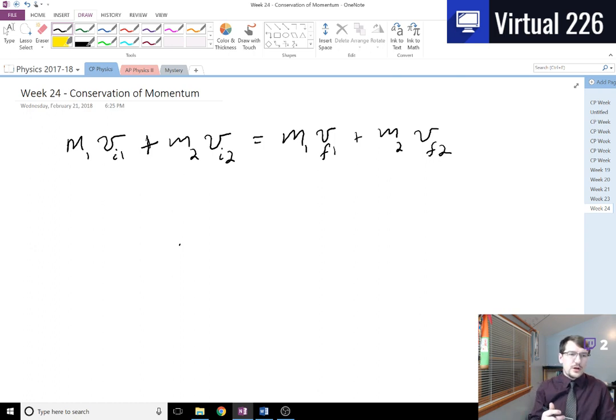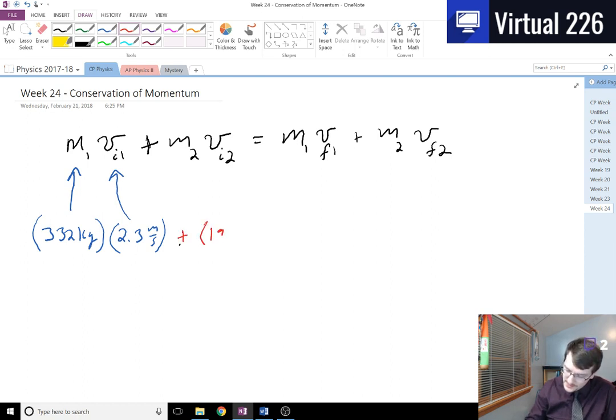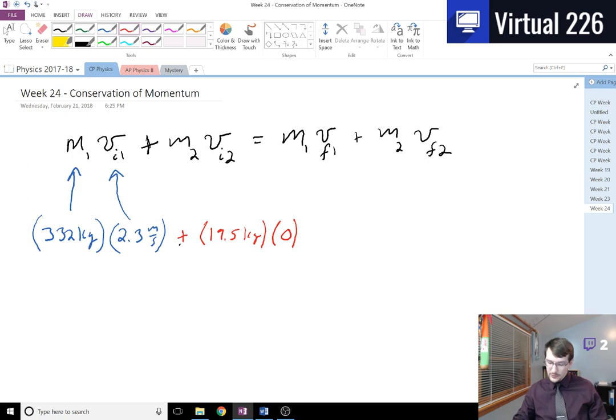In this problem, we know that our M1 here is our 332 kilogram Mako shark. We know it is moving at 2.3 meters per second along the sea floor. We know that the scuba tank in this problem is 19.5 kilograms and its initial velocity is a whopping 0 because it's at rest on the sea floor, so that's actually going to be nice.